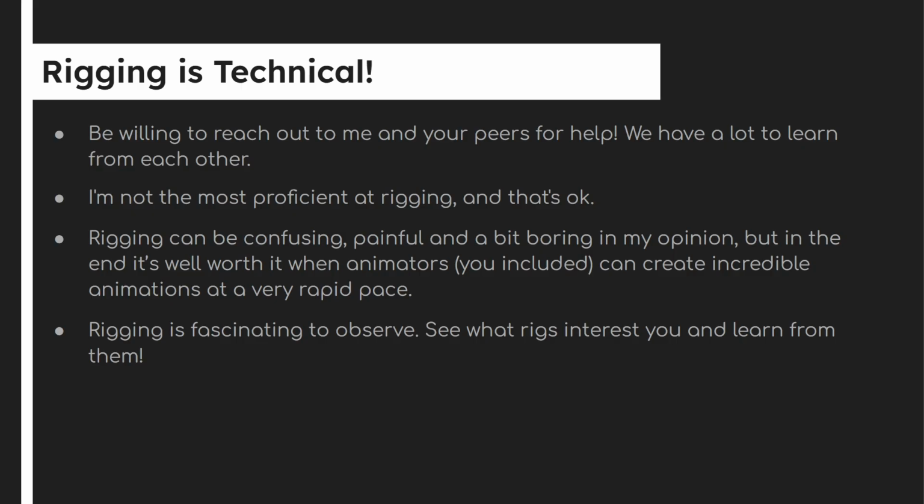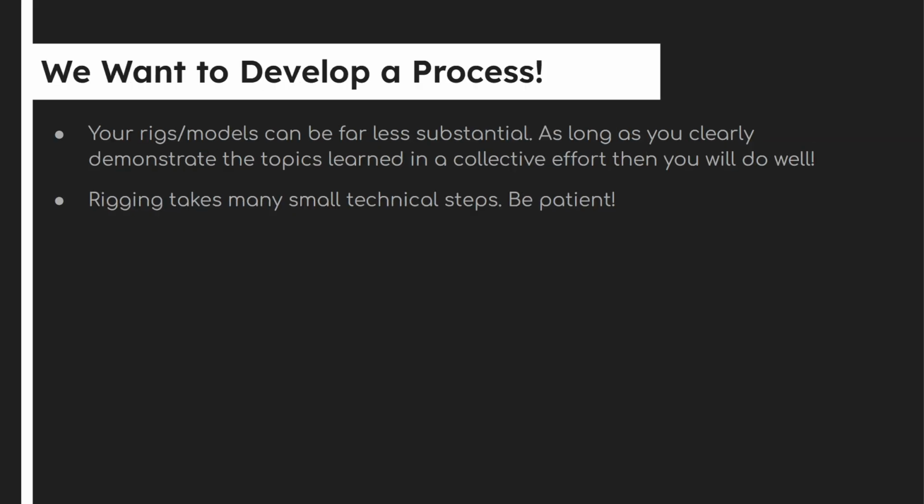Or even if you're making a quadruped, and you're wondering how to do this, you need to find a quadruped rig. Looking at how people did it helps a lot.